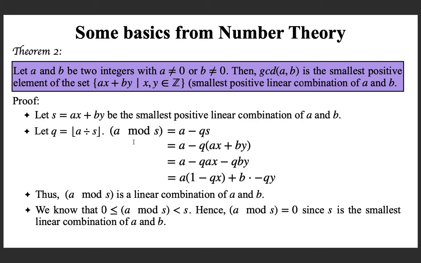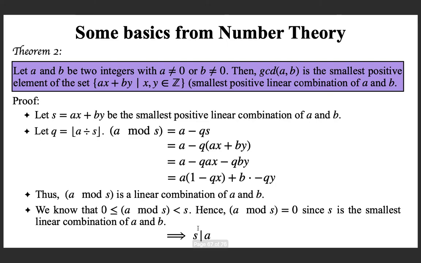Because A mod S is a linear combination of A and B, and we know that S is the smallest positive linear combination of A and B, and therefore the remainder must be 0.